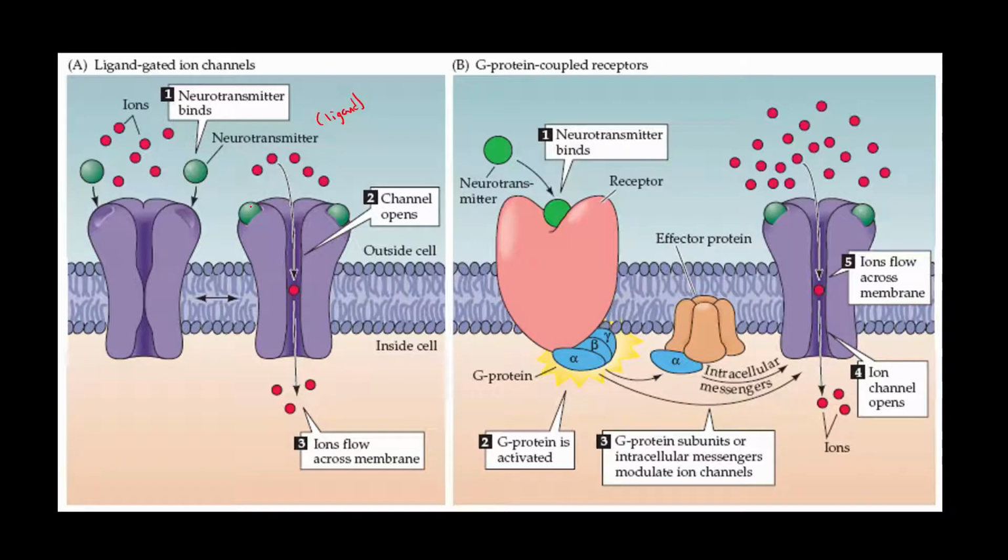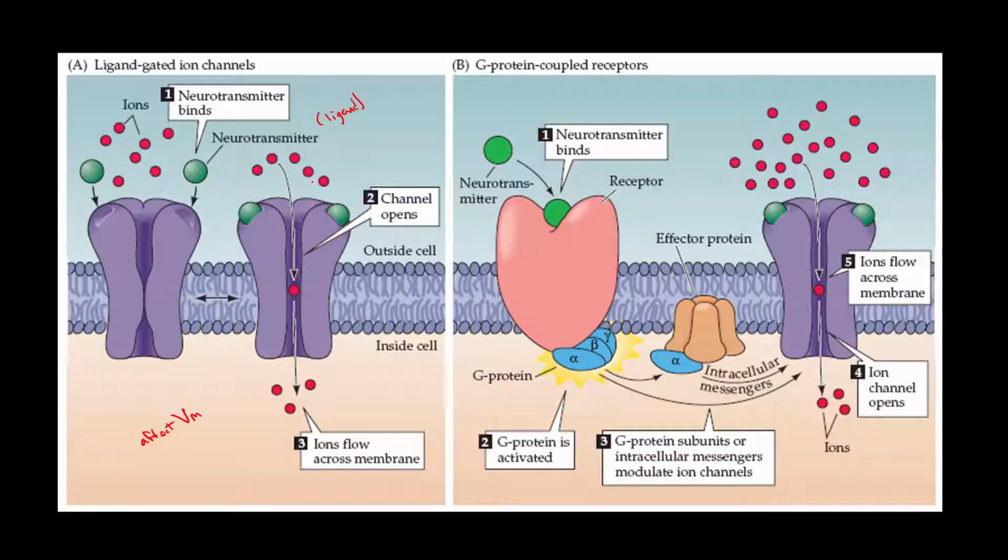When the change in shape occurs, now ions can move in, flow across the membrane, where they'll have an effect on the electrical potential, affect the membrane potential, B sub M.